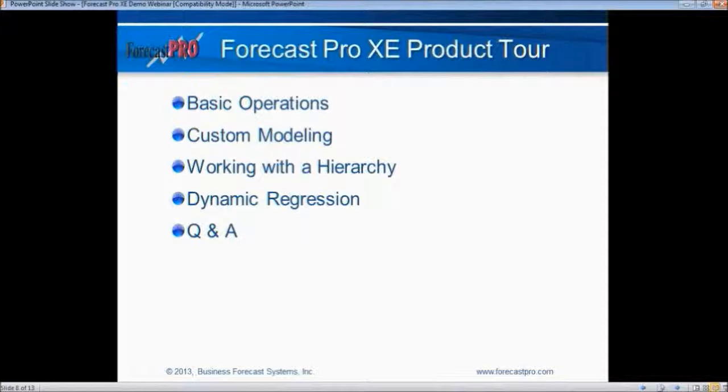Okay. Forecast Pro Unlimited and Forecast Pro Track are both designed for large-scale forecasting. There are no hard and fast limits. We've done surveys, and typically users of those products are forecasting anywhere from about 500 to 20,000 end items. They really are different products. They have different interfaces. Forecasting one item at a time is a very different operation than forecasting, say, 50,000 different part numbers on a weekly basis.